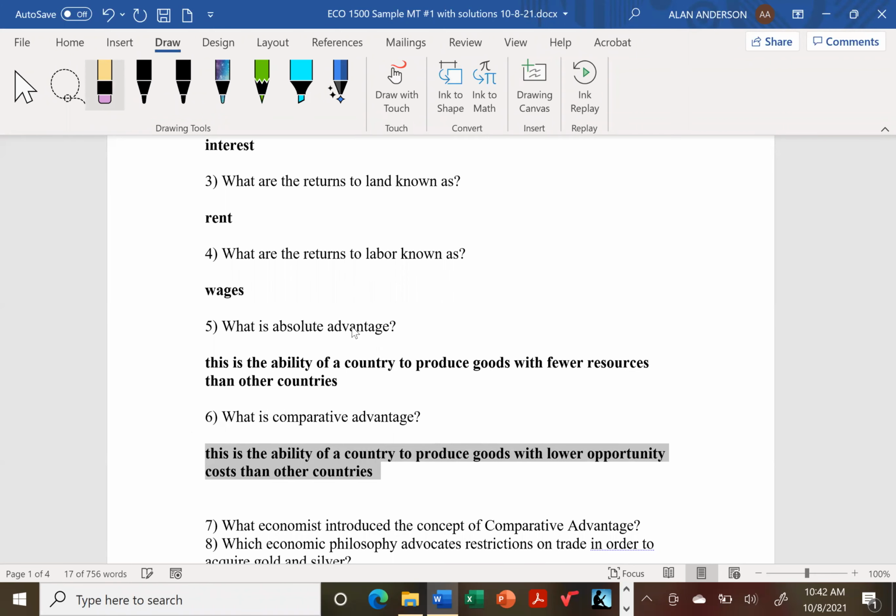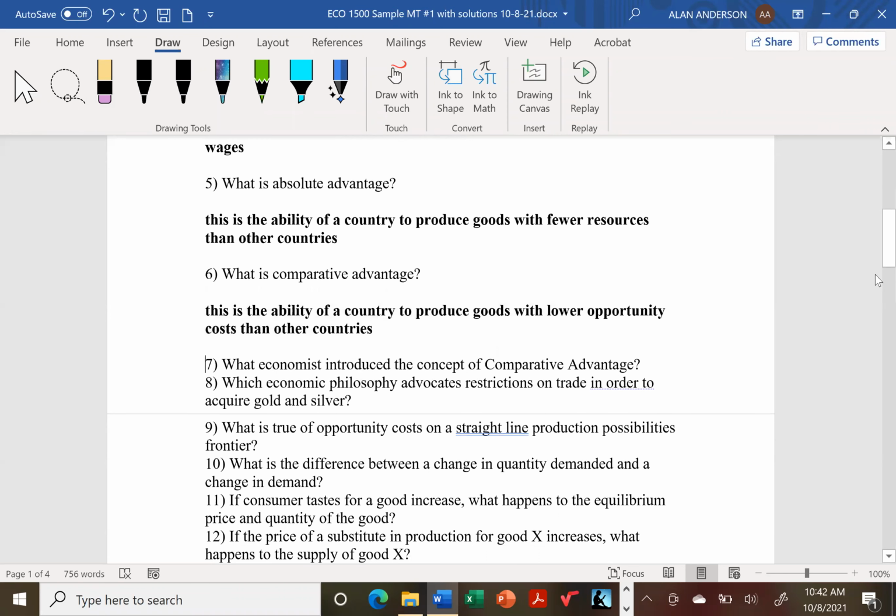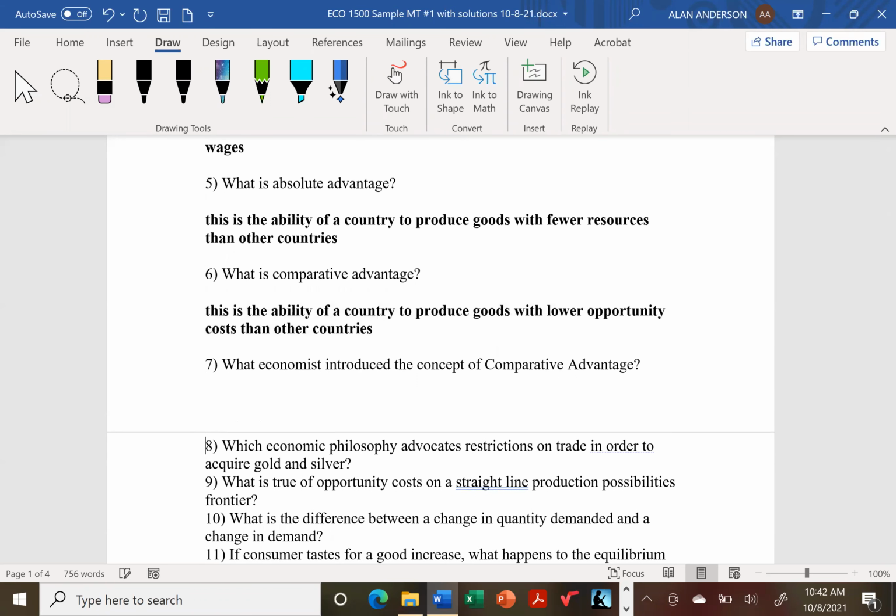And so that's why it's possible for a very small country to actually have a comparative advantage in goods, even despite the fact that it's a much smaller country and has fewer resources. It still might be exceptionally good at making one good or another, and that gives it a comparative advantage. Anyway, so here we have David Ricardo. Remember that name. The economist David Ricardo is responsible for this idea.